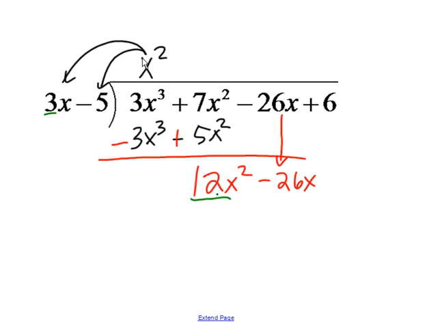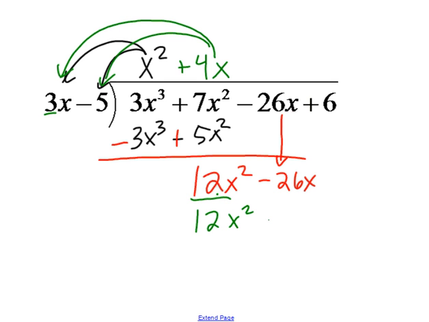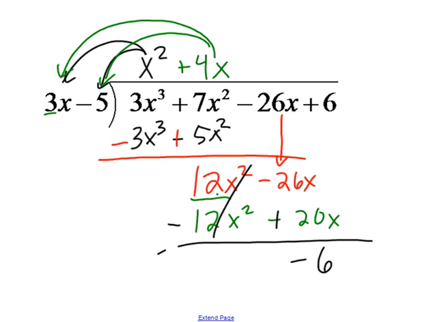Well, that's positive 4. x times x gives me x squared. Multiply that through. And again, subtract. Negative 6x, last thing, pull down the plus 6.